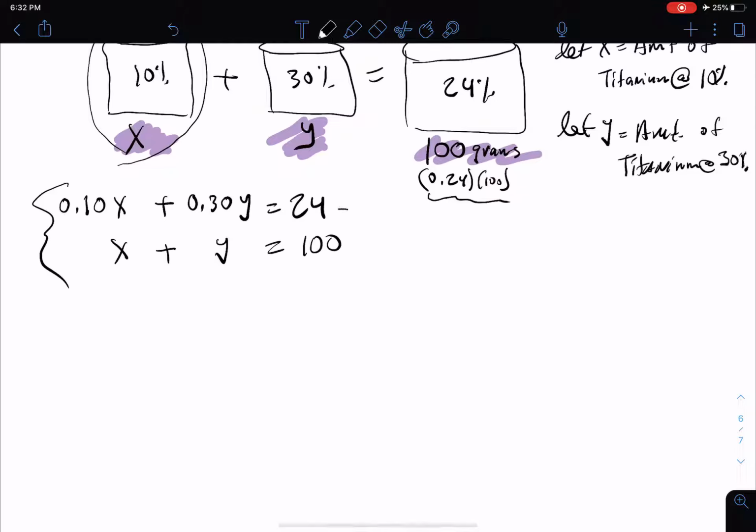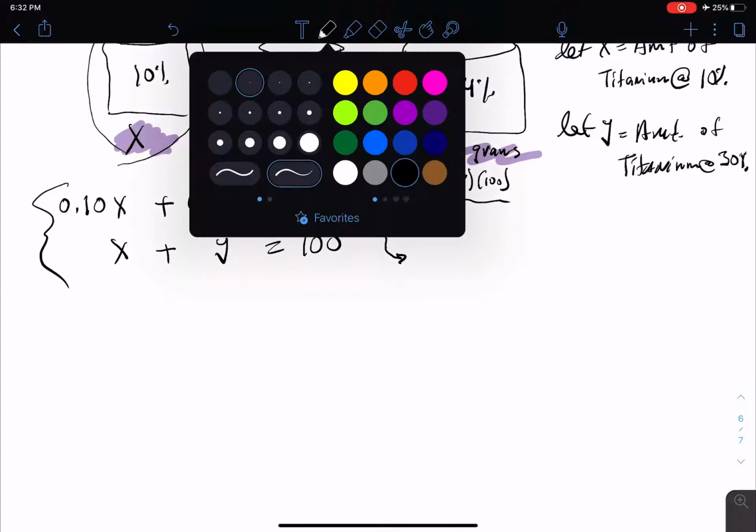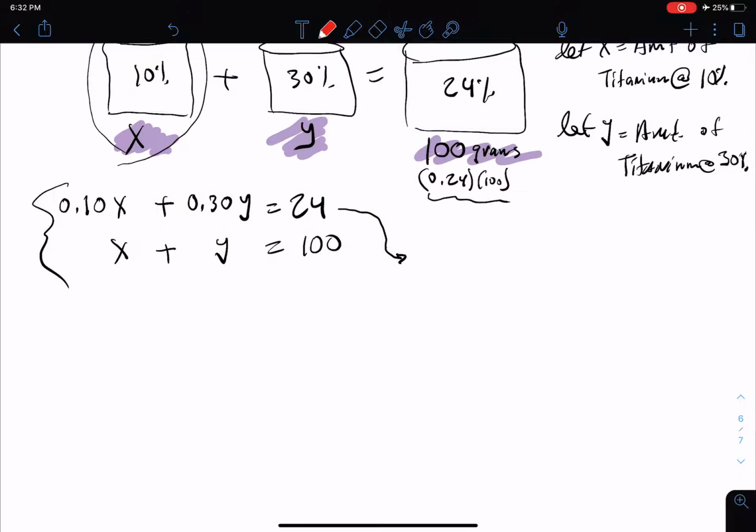Let's take that little step that everybody seems to love, and that is multiplying both sides by 10. You could do it by 100, but I hope everybody realizes that 0.10 is the same as 0.1, and 0.30 is the same as 0.3, right? 1/10, like 1 dime, is the same as 10 cents, which is 0.10.